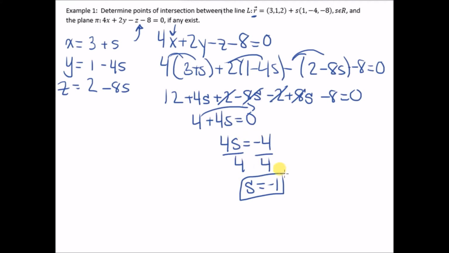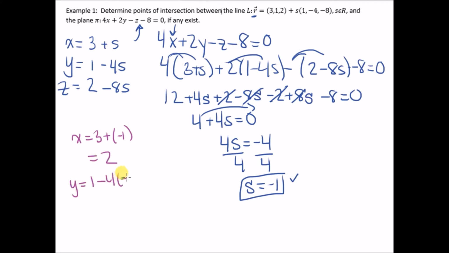So s equals negative 1 is telling us that by subbing the parameter s equals negative 1 in, we're going to be able to find the point of intersection. Let's do that. x equals 3 plus negative 1, so our x value is 2.